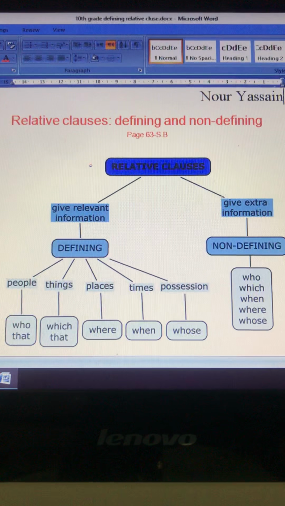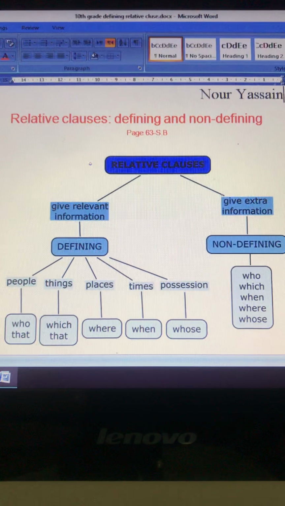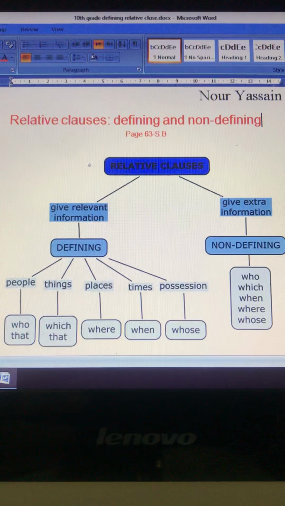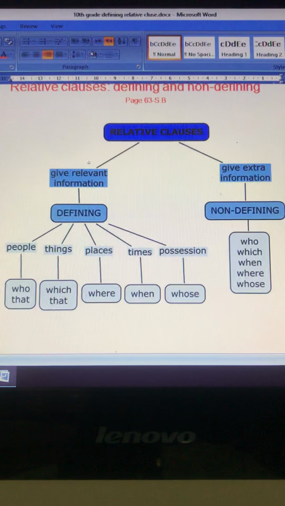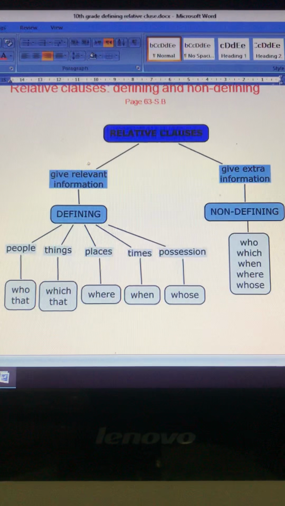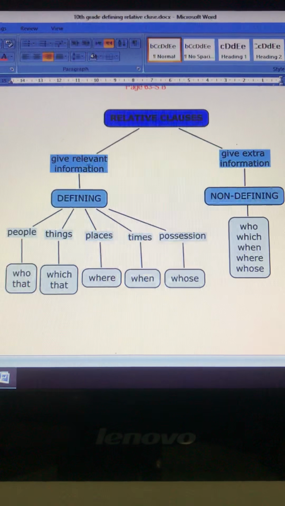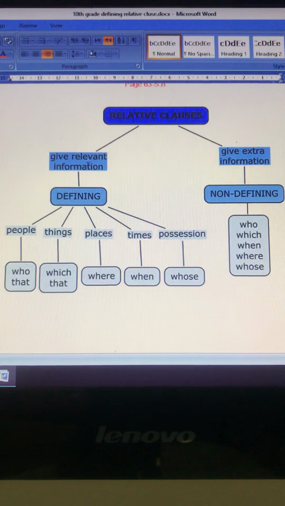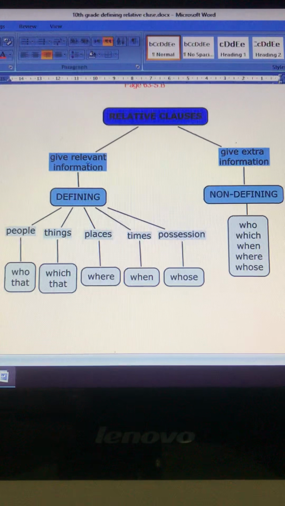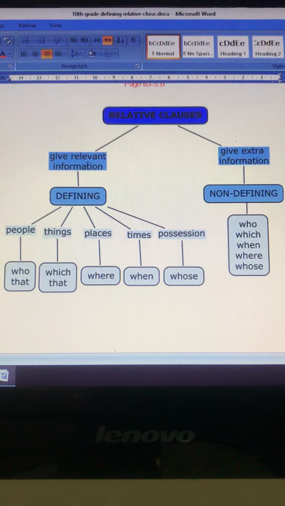So, you are familiar with relative clauses, so I'm gonna make a quick revision of the previous information that you have in your mind. We use who for people, which for things, where for places, when for times, and whose for possession.